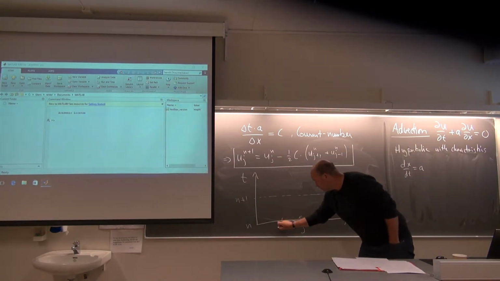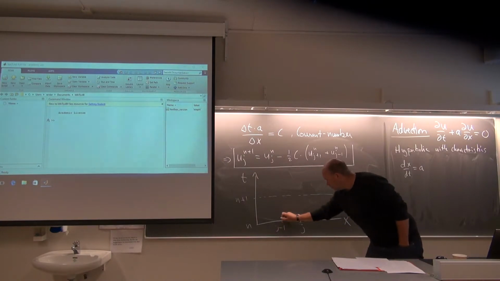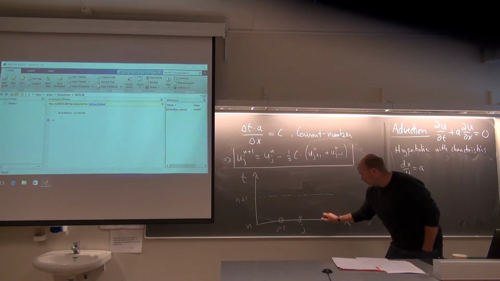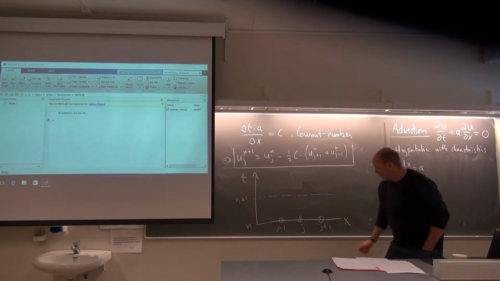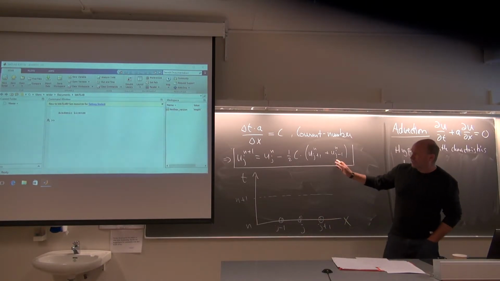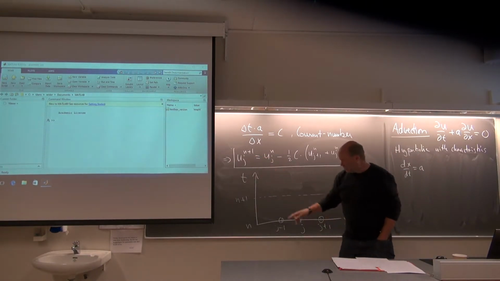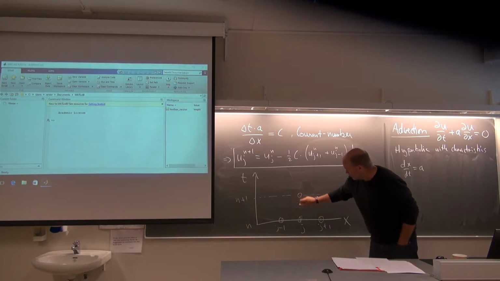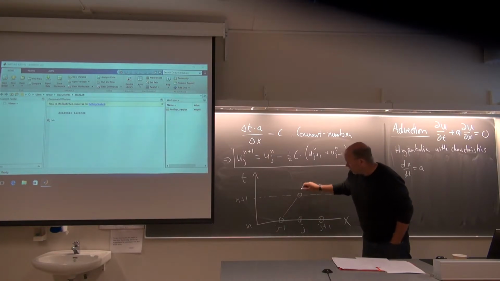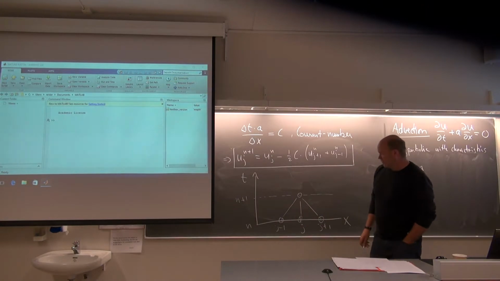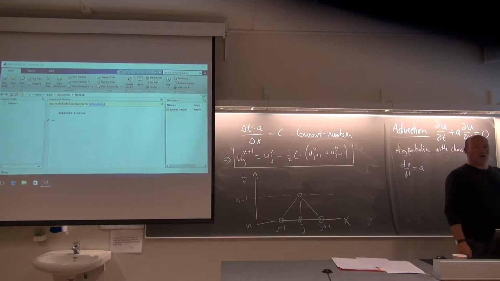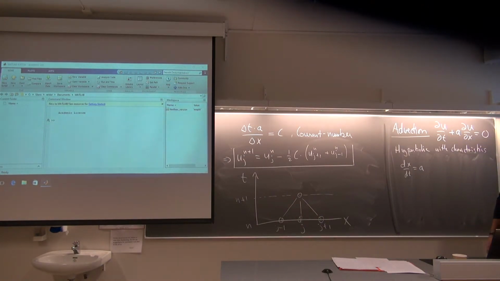So here, J minus 1, and here, J plus 1. I use those three to construct the new one up here. So this is my discretization stencil, normally what we call it, when you draw it graphically in this time-space diagram.